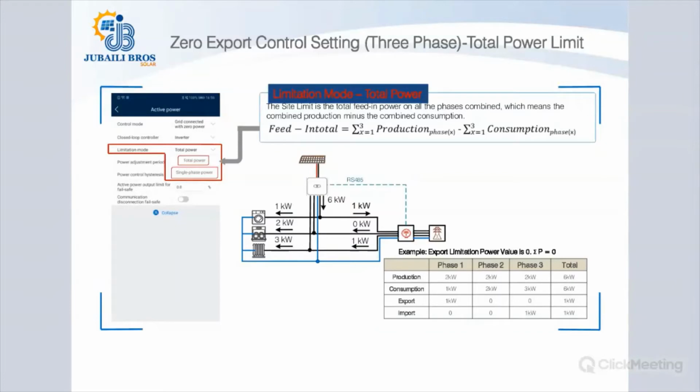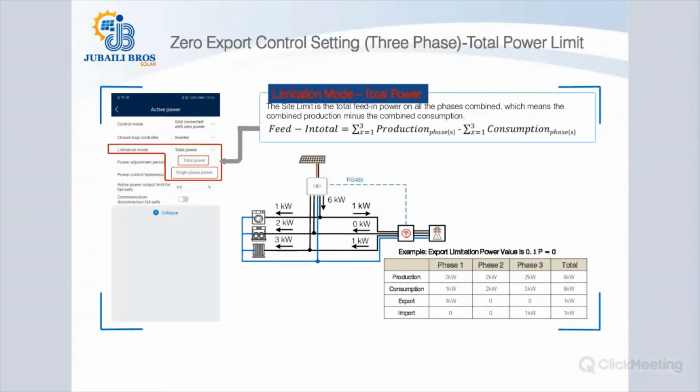Next, in the scenario, we have the zero export control setting. We have two options, whether the total power limit or based on the single phase. For the total power limit, the inverter will sum the total load on the 3 phases and will supply power equally distributed between those loads.